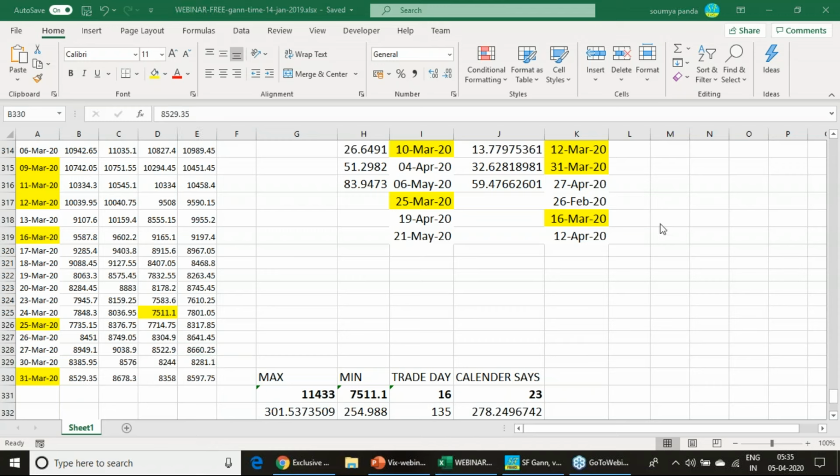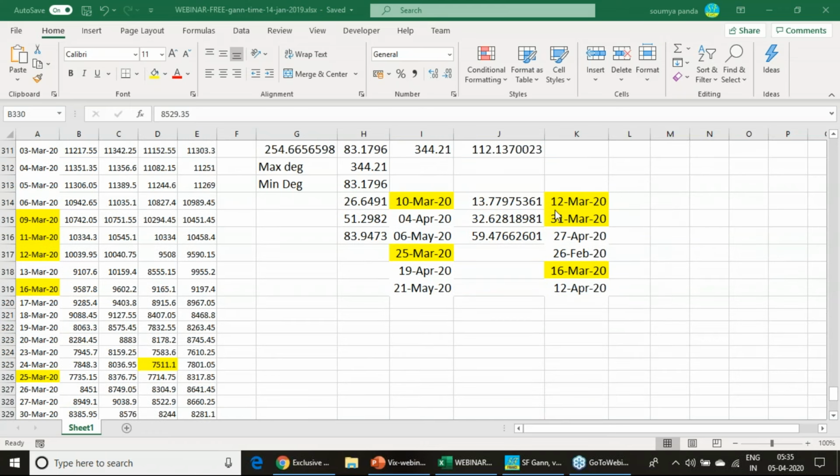So out of these days, in a critical month like March 2020, the first trend reversal date did not work, the second did not work, and on the 16th you got a partial. On the 31st it worked perfectly. One day you got a partial success: on the 25th, opening basis it has given, but closing basis it did not.